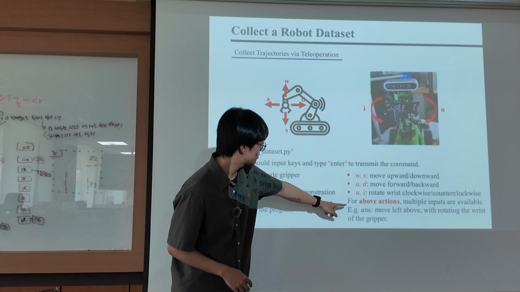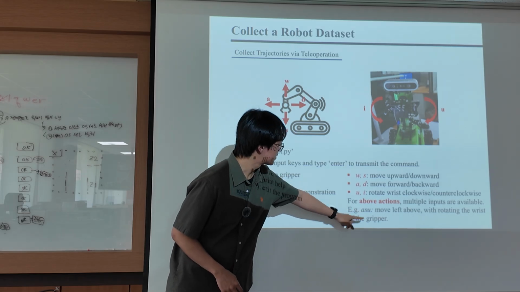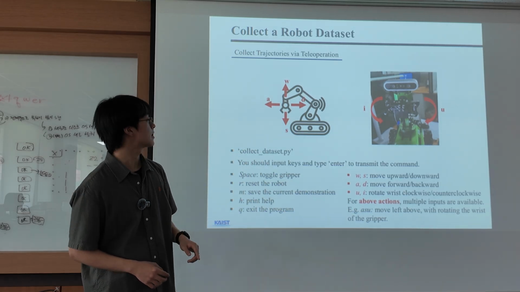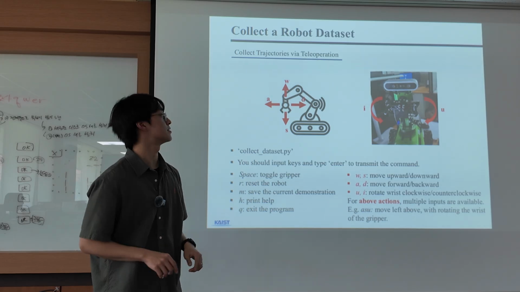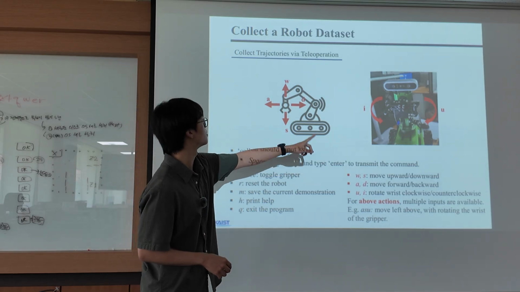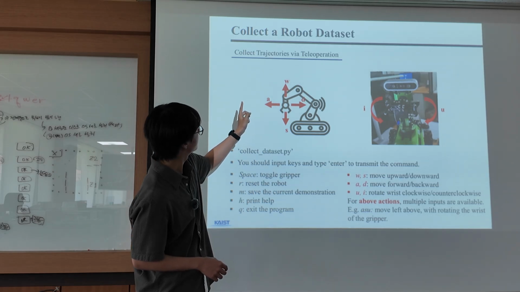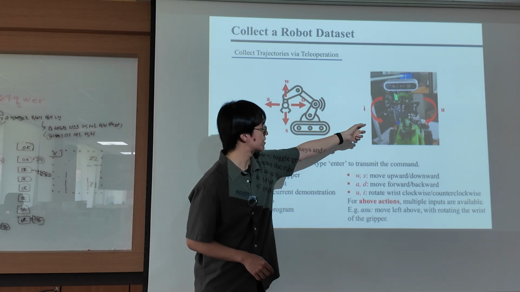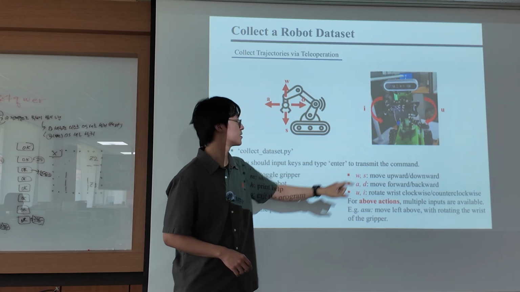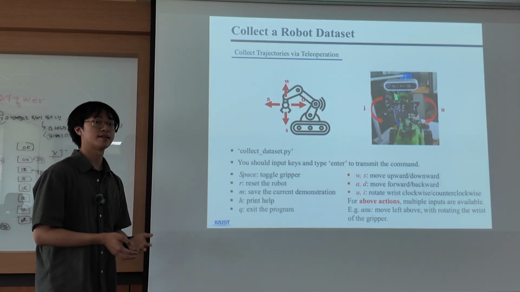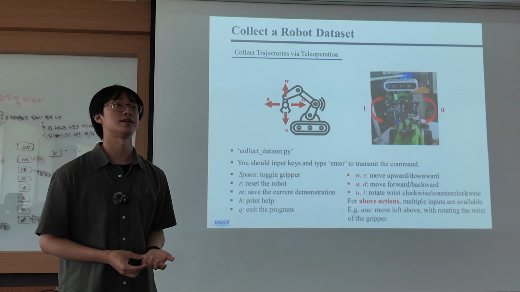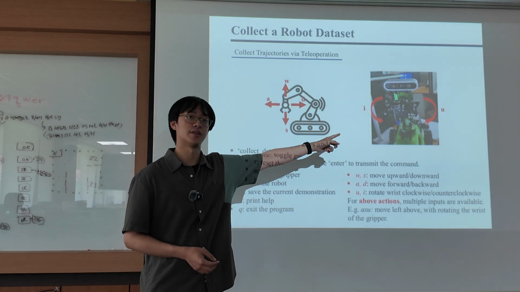Like if you type ASU and then Enter, the robot will go left and down, and then rotate clockwise. At that time, the action will be recorded as one action.